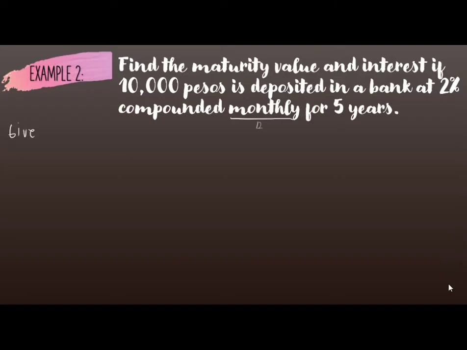So, yung nawawala dyan is yung maturity value, that is the F. Then, yung interest, that is the I. Okay, so given, so ang dineposit mo or yung principal amount na meron ka is 10,000 pesos. Then, yung interest rate natin or yung I raised to 12, since monthly yan, is 2% or 0.02.